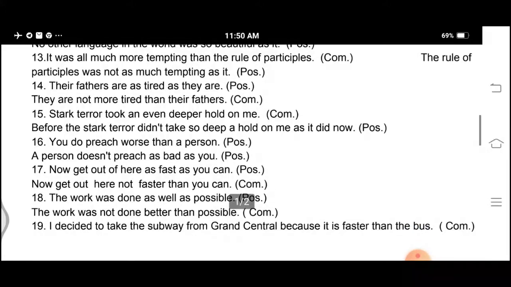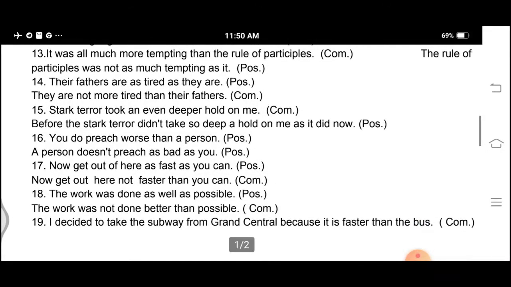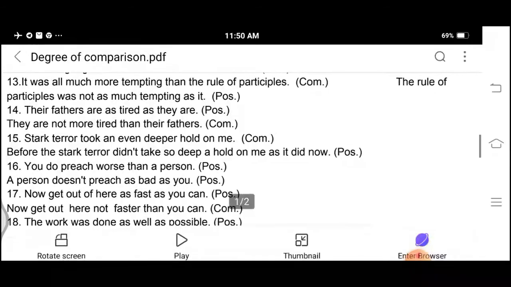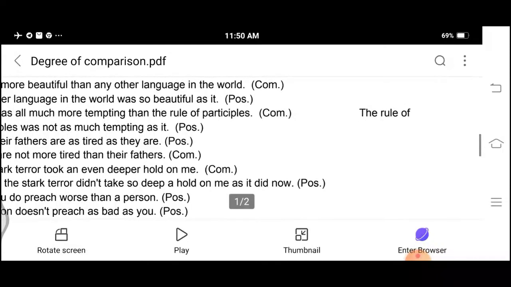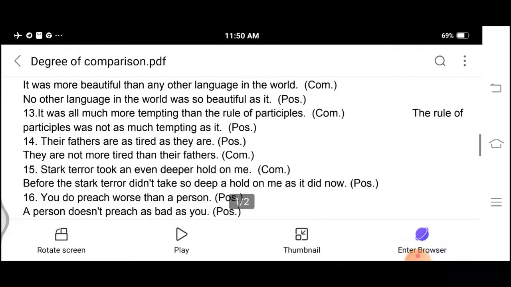Let us move ahead to the next sentence. It was all much more tempting than the rules of participles. More, comparative. The rules of participles are not as much tempting as it. It's a positive.